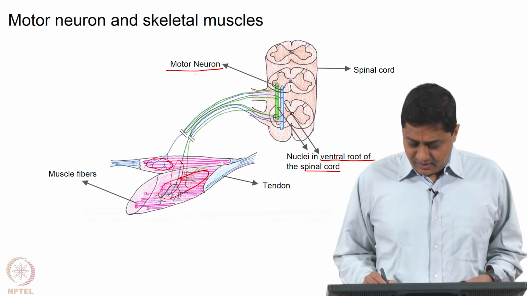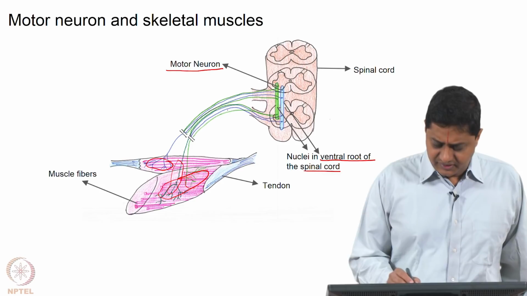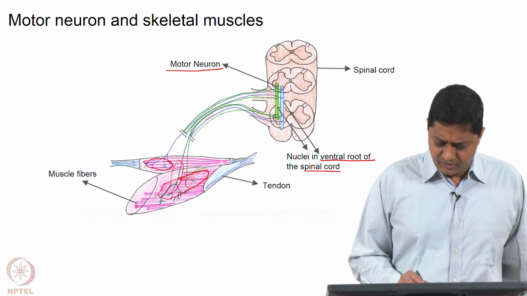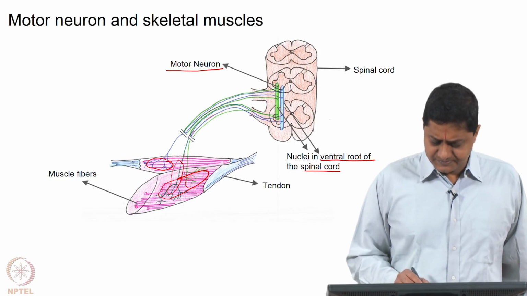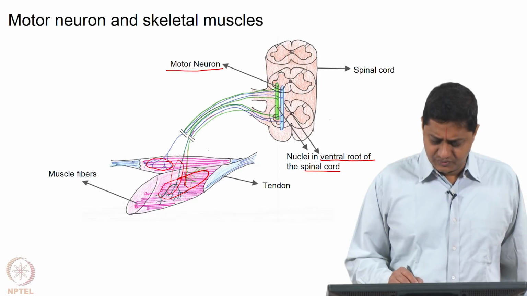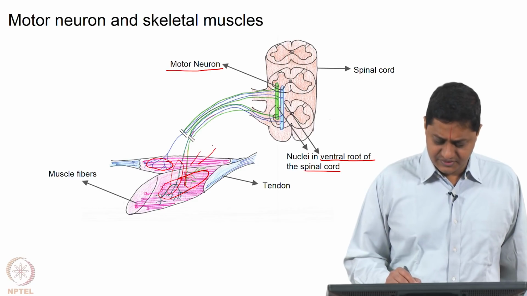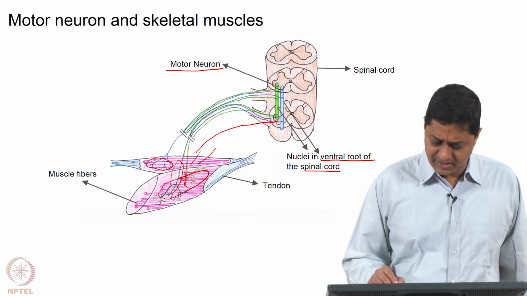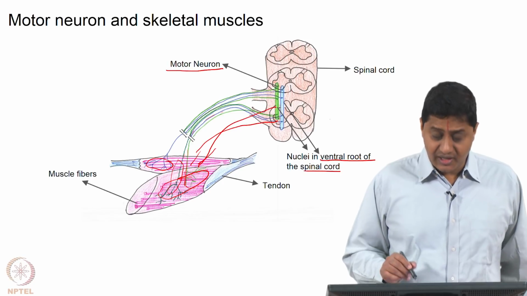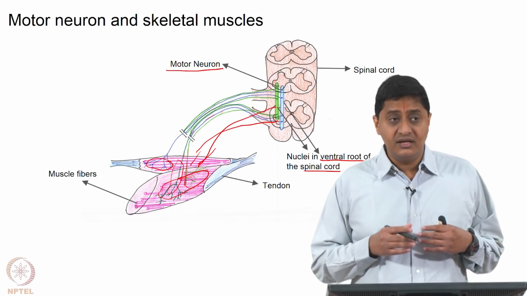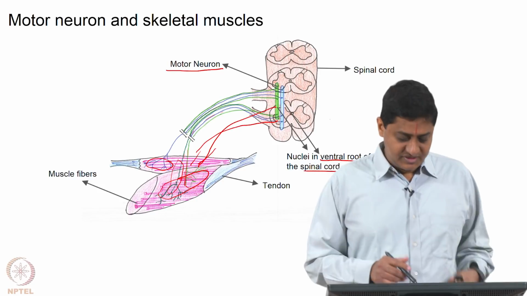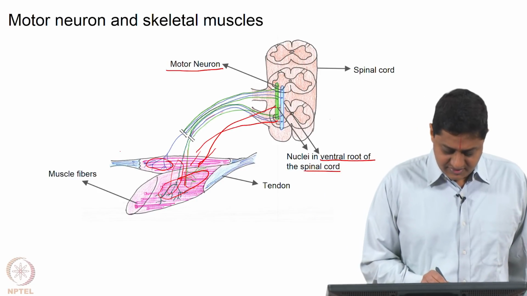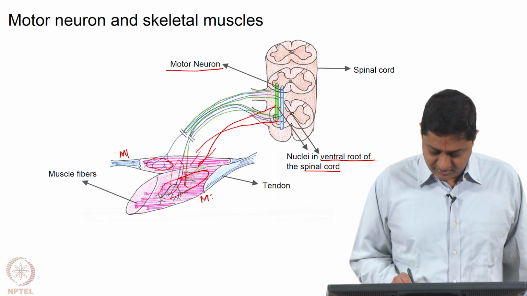Okay. And so, a different number of motor neurons attach to muscles. There may be more connections that are not shown, and also note that the same nuclei may attach to different muscles. So, here is one muscle, which I am going to call muscle 1, and here is muscle 2.